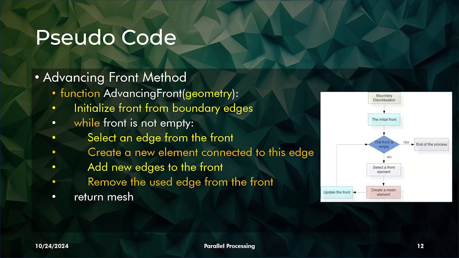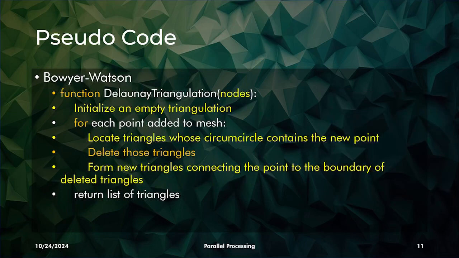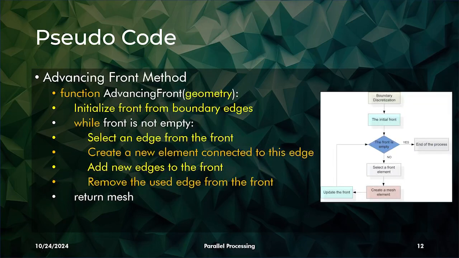And you can see the advancing front method pseudocode, which has an initialization at the first step, and it uses a stack to store the points, and when the stack is empty, the process is done. As you can see, it's more efficient than the Boyer-Watson approach.